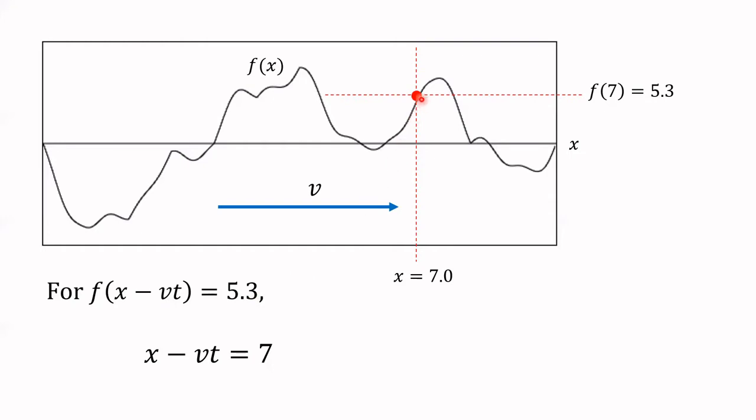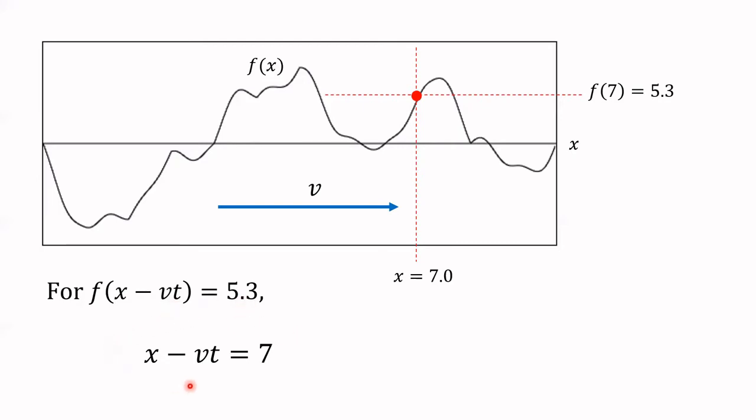Technically, there are other points in the function that have the same height, but forget about that. We're just looking at this particular location on the curve that has a height of, did I say 7? I meant a height of 5.3. So the combination x minus vt overall needs to equal the number 7.